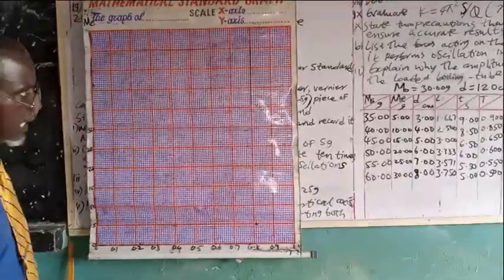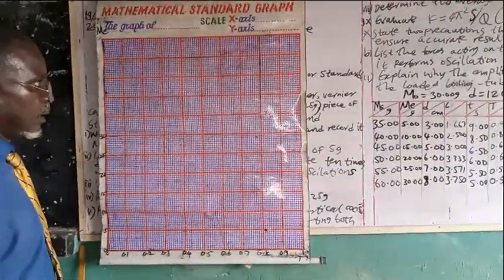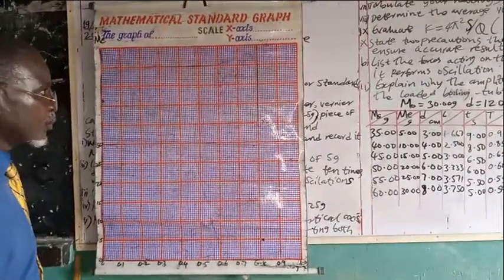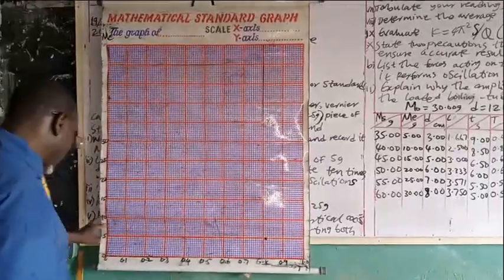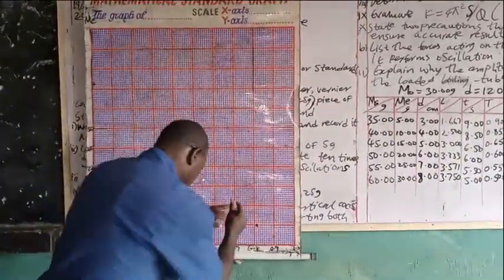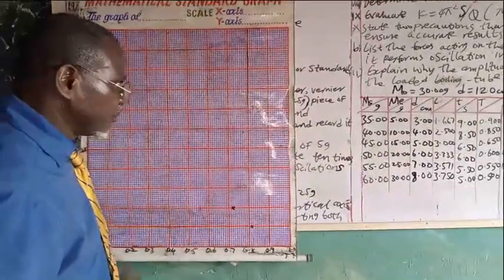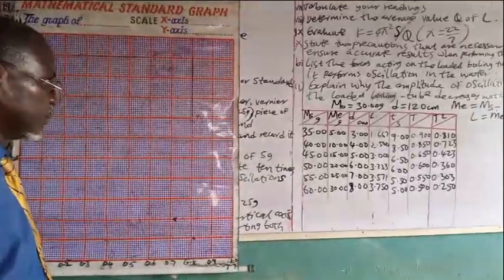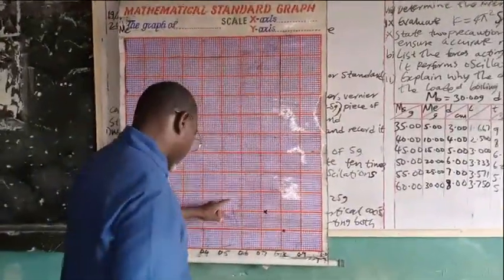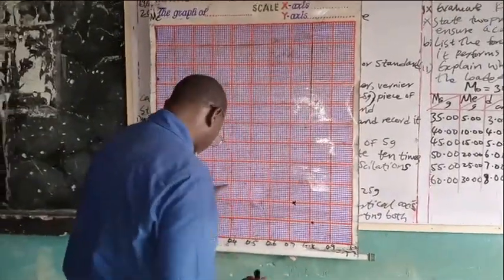When M is equal to 10, the value of T square is 0.72. When M is equal to 15, T square is 0.42.